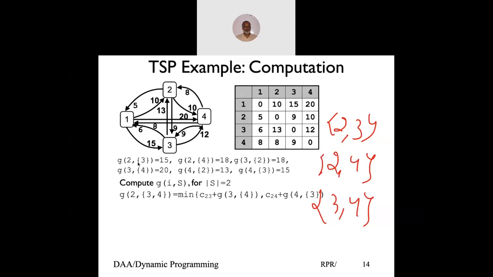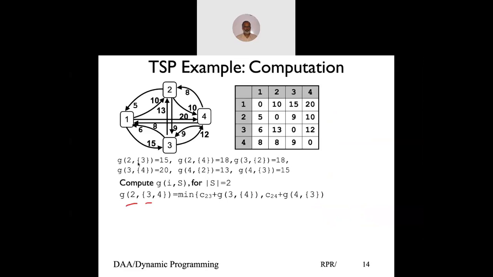So first is 2 with set size 3 and 4, only 1. Now from 2 with set {3, 4}, either I can go to 3 and find G(3, {4}), or I can go to 4 and find G(4, {3}). Now we know this value is already computed. We know this set size 1 value is already computed. So C23 is the cost, which is 9, and we know G(3, {4}) we computed as 20 here.